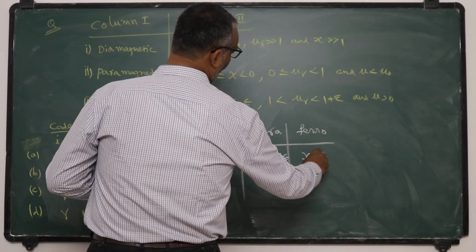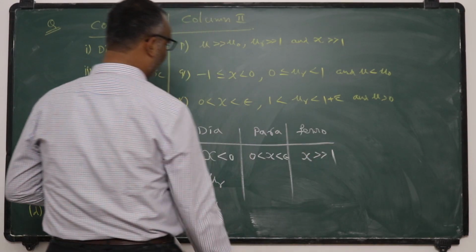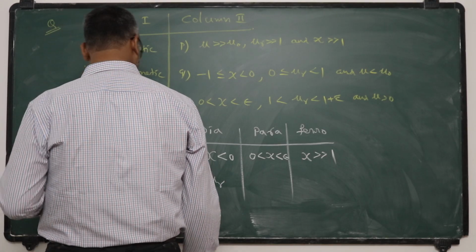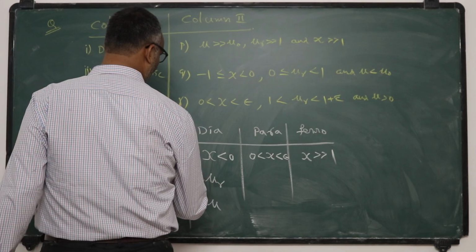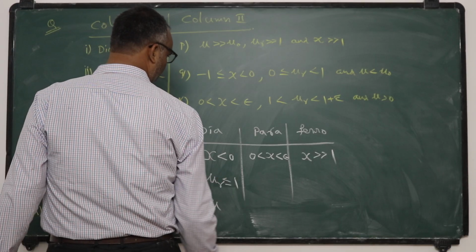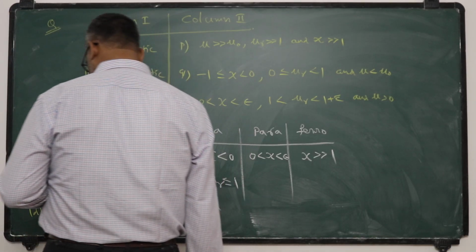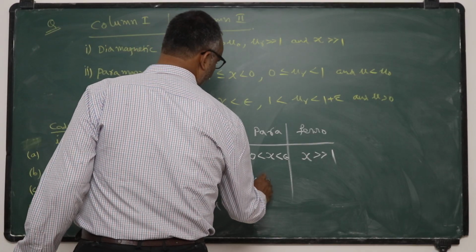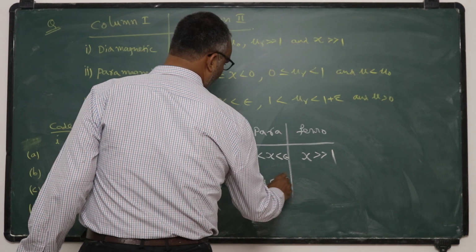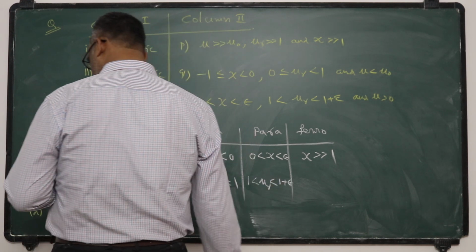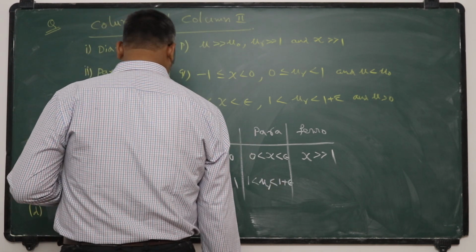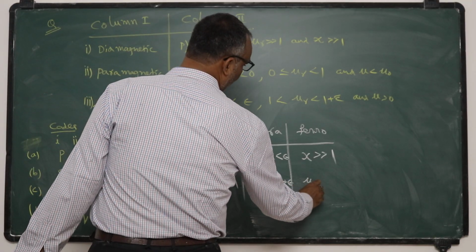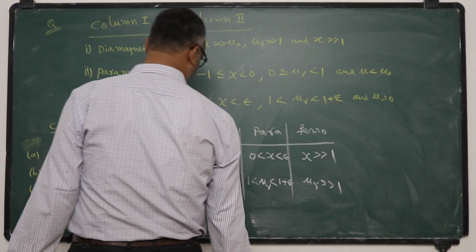For ferromagnetic substances, susceptibility is positive and a larger value. The relative permeability of diamagnetic substances is between 0 and 1. In case of paramagnetic substances, relative permeability is between 1 and 1 plus epsilon, and for ferromagnetic substances relative permeability is very much greater than 1.